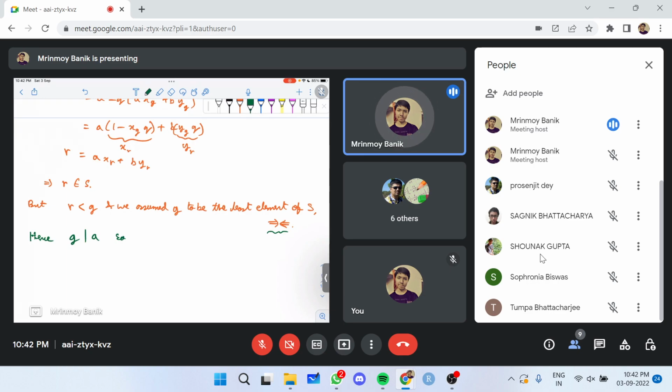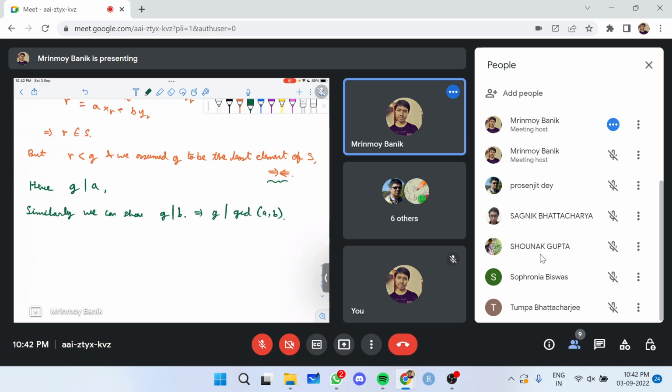So G divides a, and similarly we can show G divides b. That implies G divides the GCD of a and b.